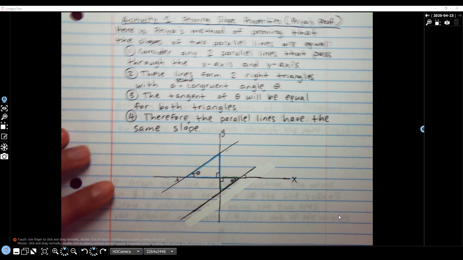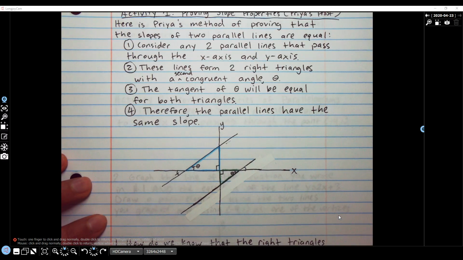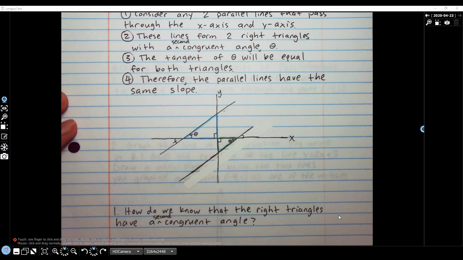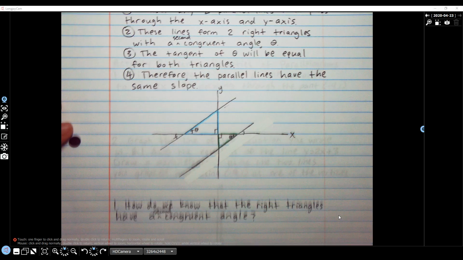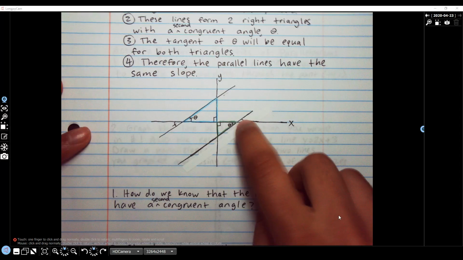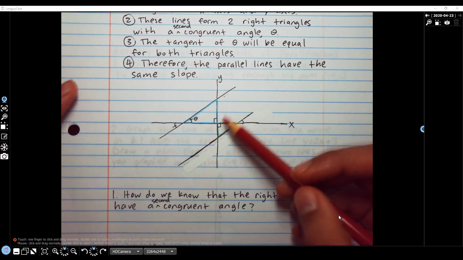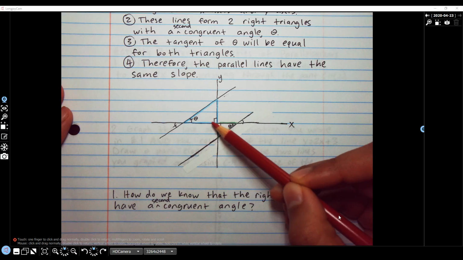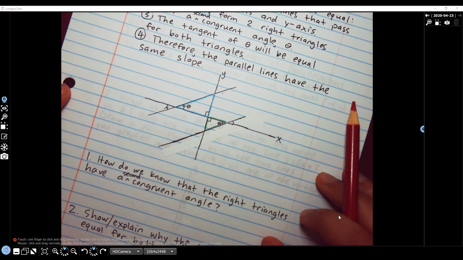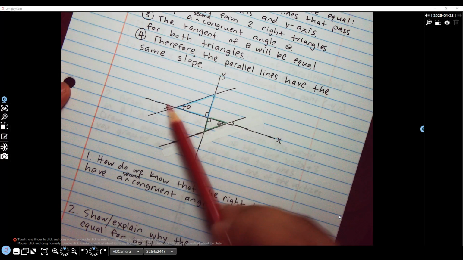All right, so we're going to go through and answer a few of these questions to get a better understanding of this proof. So let's look at the first question. How do we know that the right triangles have a second congruent angle, theta? So we can see that they both have the right angles, right? And if you kind of turn the paper this way, we see that we've got these two parallel lines.